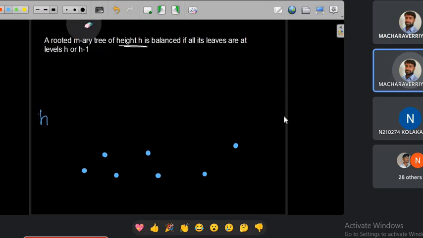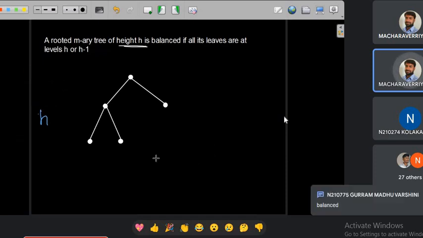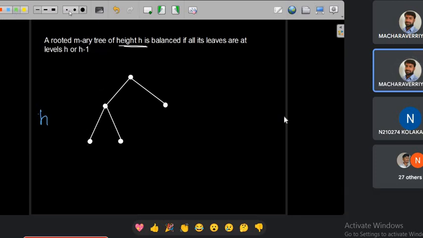Okay, now I'll give you an example. Tell me whether that is a balanced graph or not. So is it a balanced graph? Yeah, because you can see the leaves, how many leaves it has. So let me mark the leaves with green color.